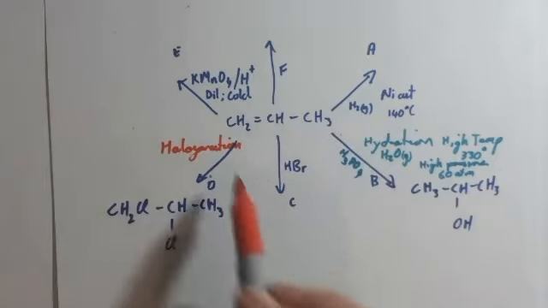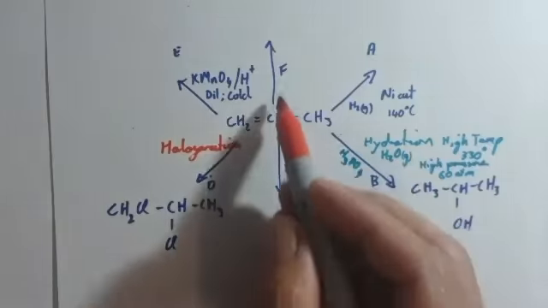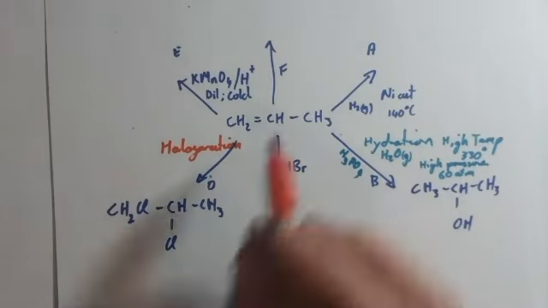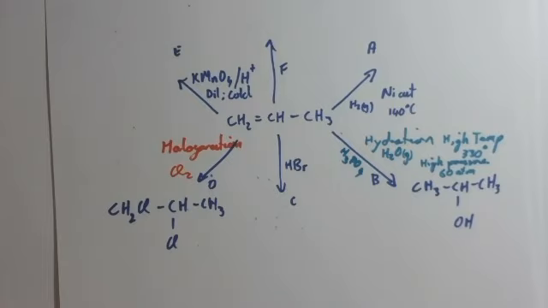All of the reactions are electrophilic addition except for the oxidation one, obviously, and our polymerization one. Halogenation is spontaneous, so the only thing that we need is actually chlorine gas. Remember, it's only with alkanes that we need heat or light. So, enough.